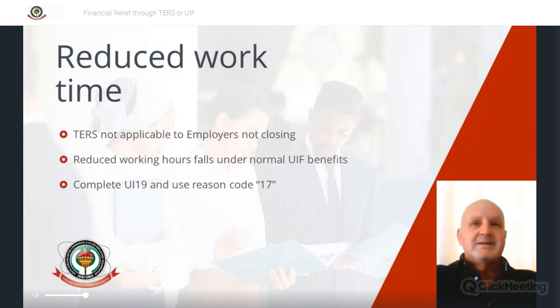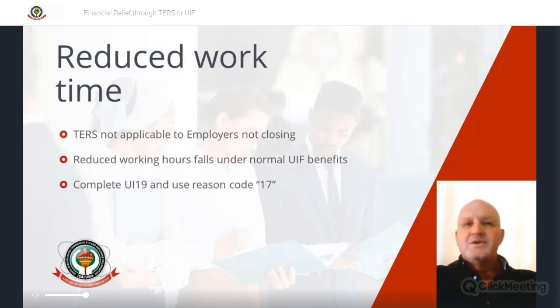I'm referring to the Employer's Aid for UIF benefits, which means benefits that have not been delinked from the normal UIF scheme. So TERS would not be applicable to employers not closing. Reduced working hours fall under normal UIF benefits.